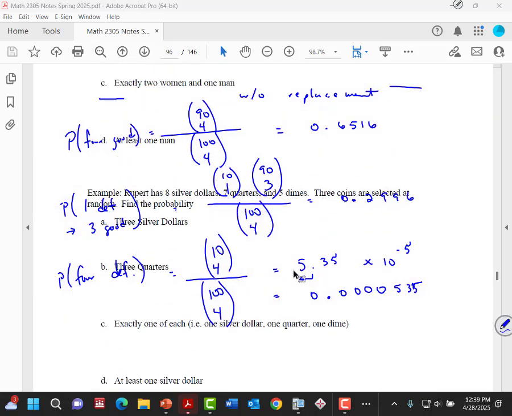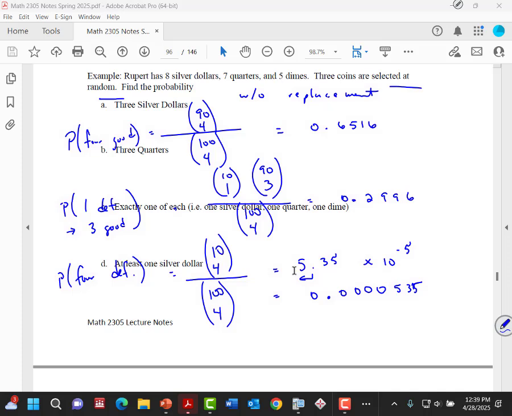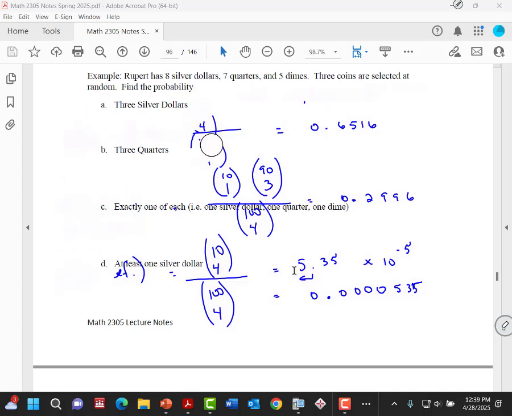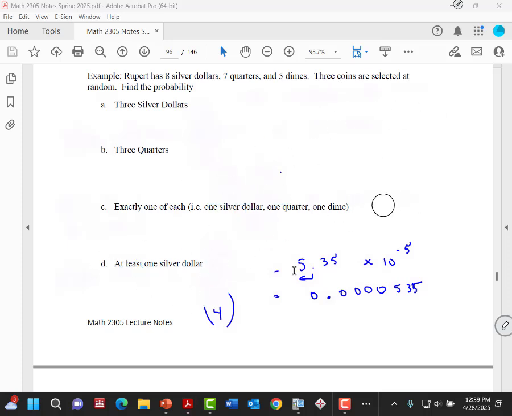Let's do another one that is similar. We'll move down to this next example. Rupert has 8 silver dollars, 7 quarters, 5 dimes. 3 coins are selected at random.